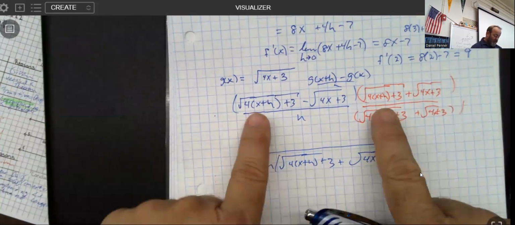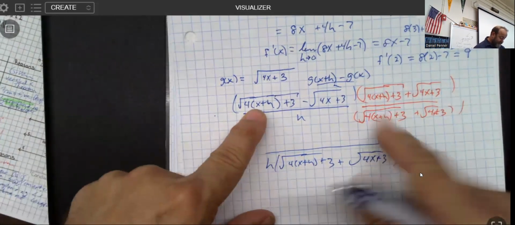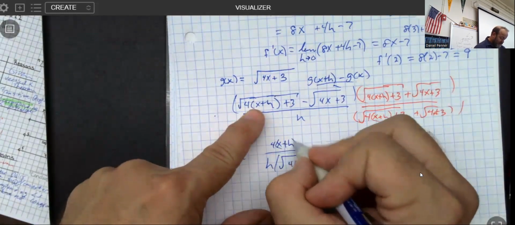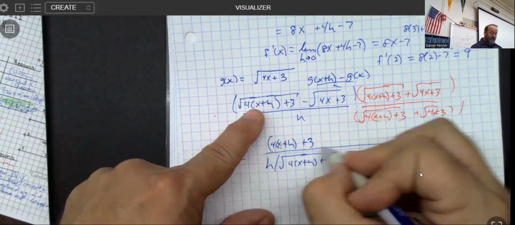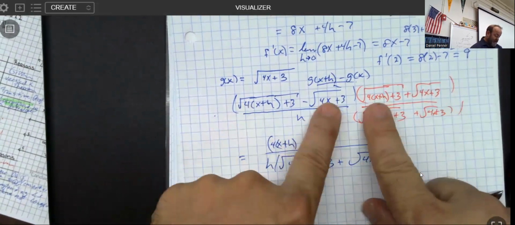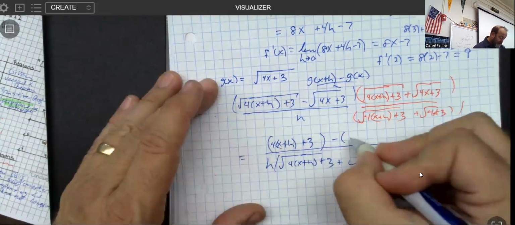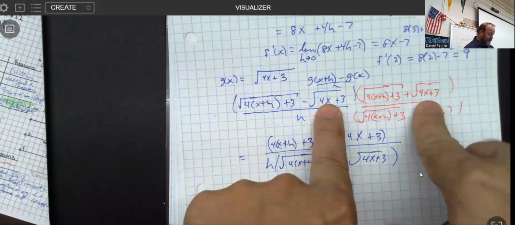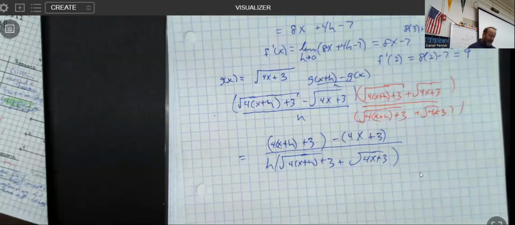So I get 4 x plus h, plus 3. That's this portion. My outer and my inner would cancel, and then I have a loss of a 4x plus 3, because the root 4x plus 3 times the root 4x plus 3 is going to be that.